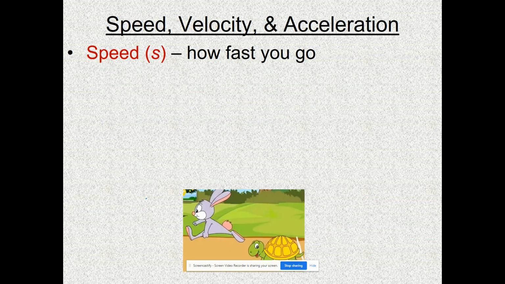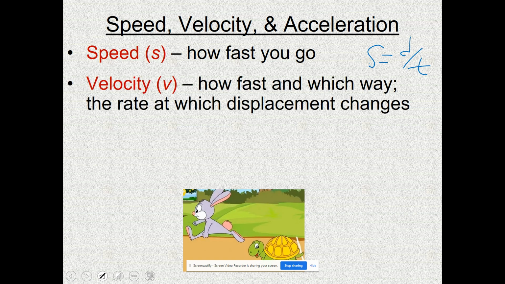Okay, today we're going to go over acceleration. We're going to add this to our other formulas. So far we've had speed and we had velocity. Speed is how fast you're going. And we said that speed was equal to the distance over time. So that's one formula that we've already had. We said velocity is not necessarily how fast you're traveling, but how fast in which way.